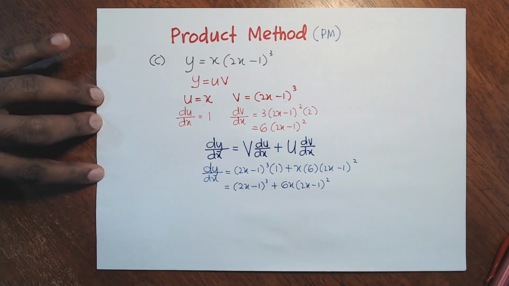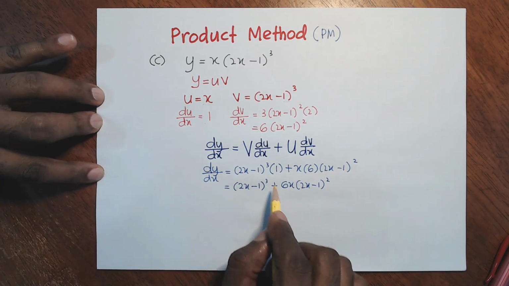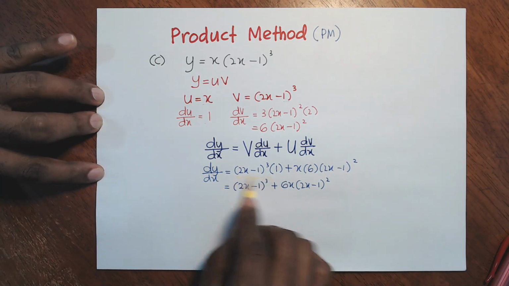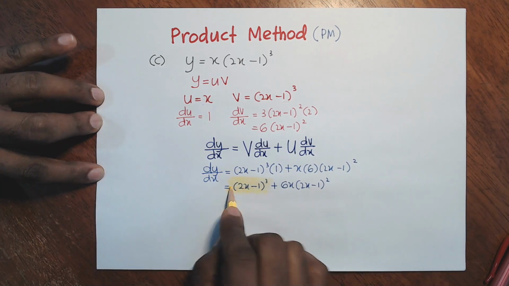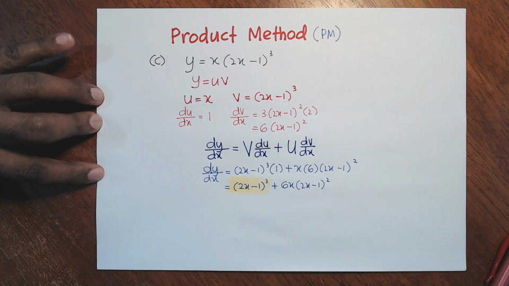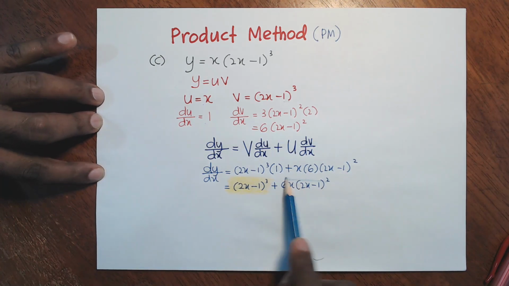You see, usually in the product method, the only way we can simplify things is by factorizing. Let's take the plus sign as the middle. You look at this side, the yellow side, and the other side, we take it as the blue side.